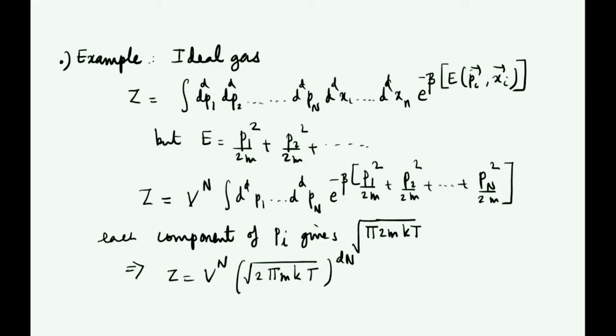But for the ideal gas, E does not depend on x, it depends only on momentum, the sum of p_i squared by 2m. So I plug it back inside here. All the integrals become independent. There are d times n integrals. Each integral gives you a Gaussian integral, root of 2 pi m kT, and this is the answer. I just go through fast because I feel most of you have seen this. So this is a partition function calculation.